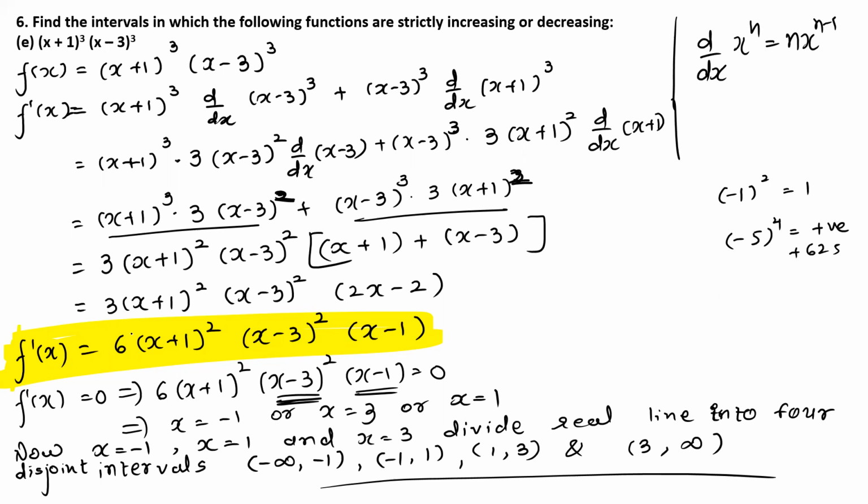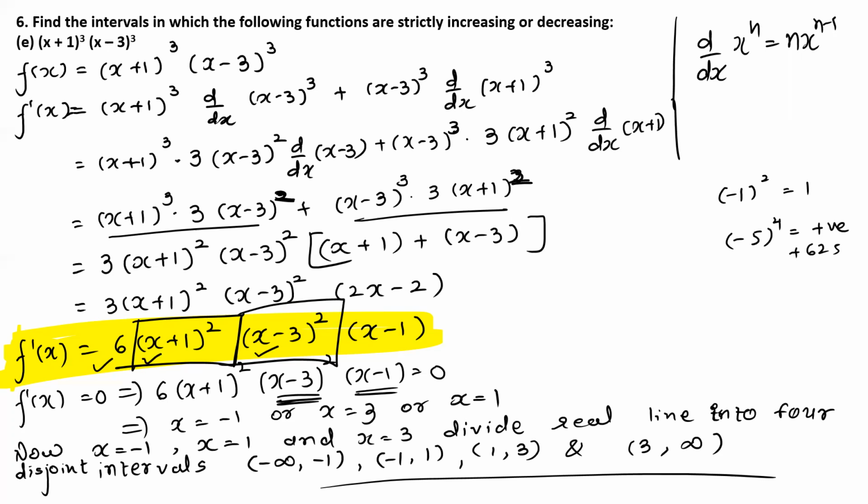So if you consider minus infinity and put it as x, ultimately you are making the square of it, and it will make it positive only.